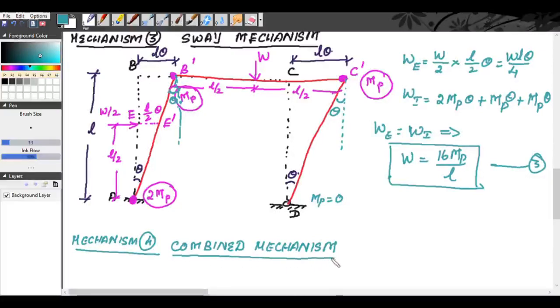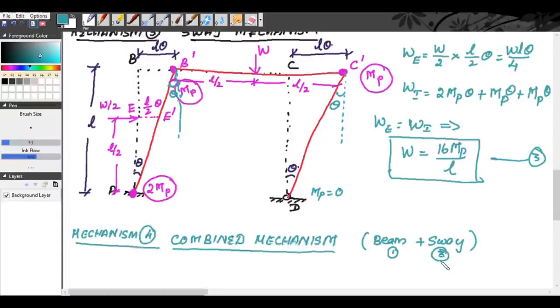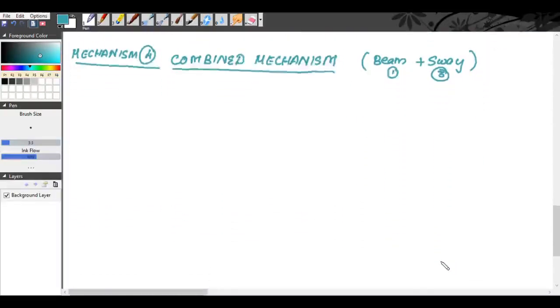Combined mechanism means it is a combination of beam mechanism plus sway mechanism. Beam mechanism is our first mechanism plus third mechanism. Okay, it's a combination of first and third. So beam and sway. How will we draw that mechanism?